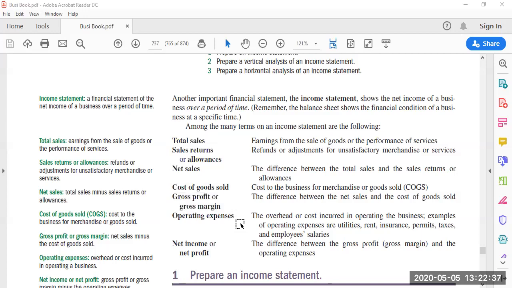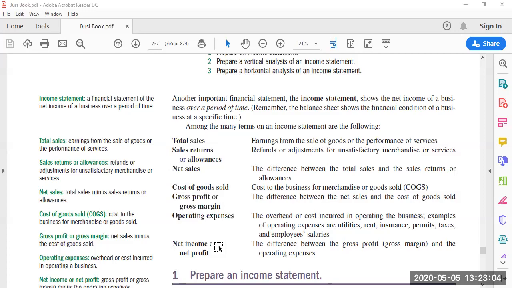Operating expenses then would be your overhead, the cost for running your business. This area would include things like insurance, utilities, rent, employee salaries and benefits, all the different costs that a company would incur during the course of running the business.